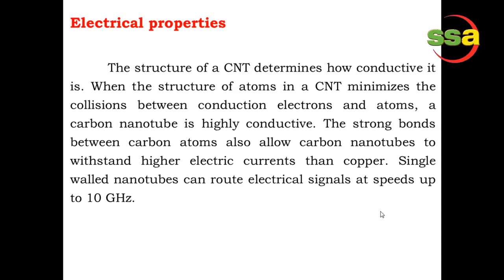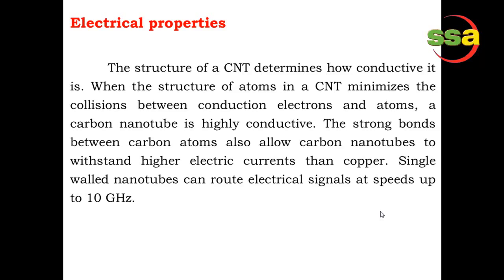As we see, whenever there is a collision, an internal collision between atoms or electrons, etc., this leads to thermal agitation, which is an opposition to the conduction of electricity through that metal. Here also in the carbon nanotube, if there are much fewer collisions between carbon atoms and the conduction electrons, then this results in higher conductivity.